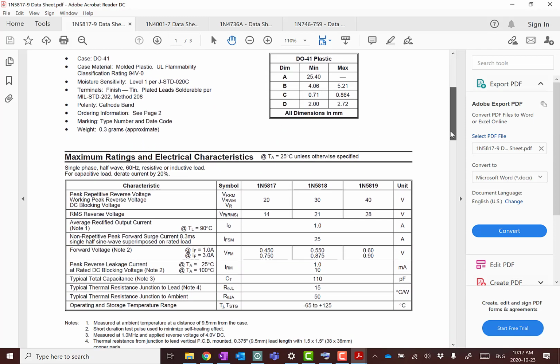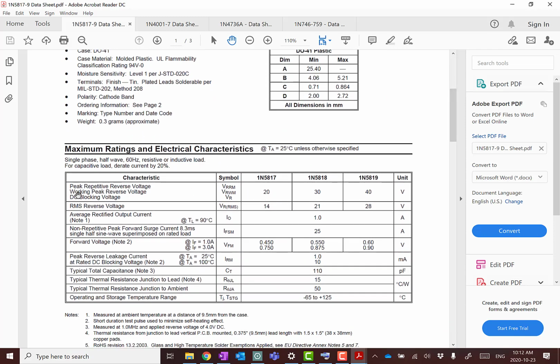If we scroll down here and have a look, we'll see peak repetitive reverse voltage, working peak reverse voltage, DC blocking voltage, and they have some different names for it. This one's not really high, depending on the series of diode, 20 volts, 30 volts, or 40 volts.